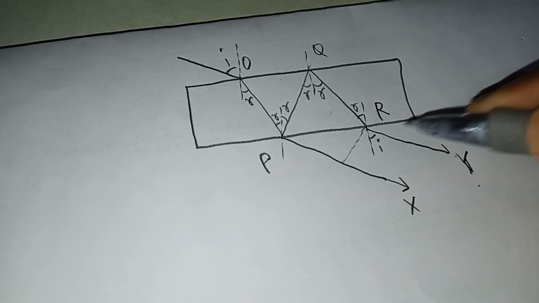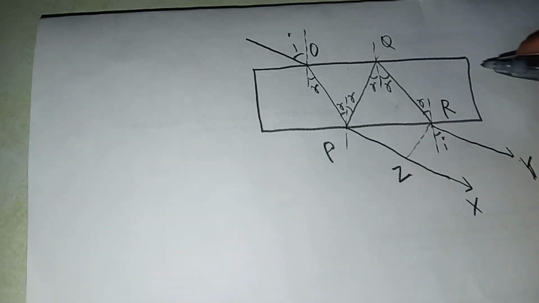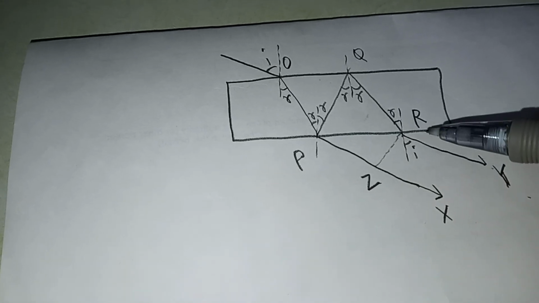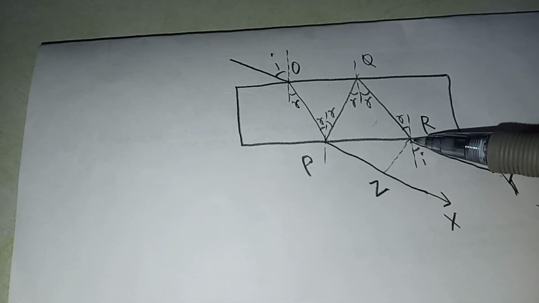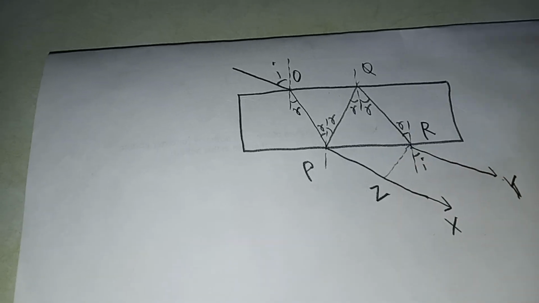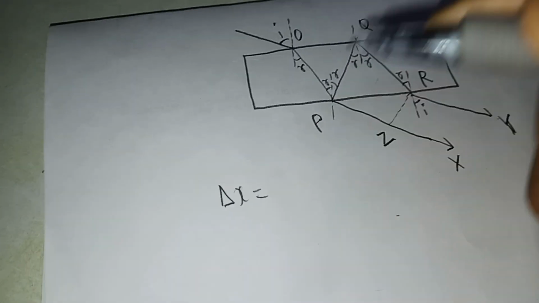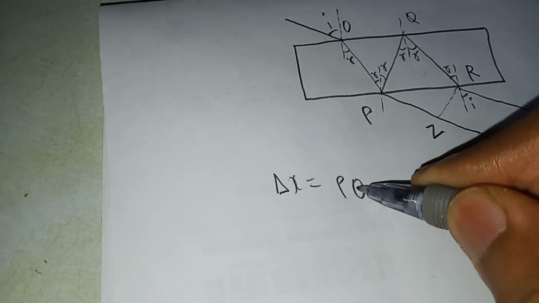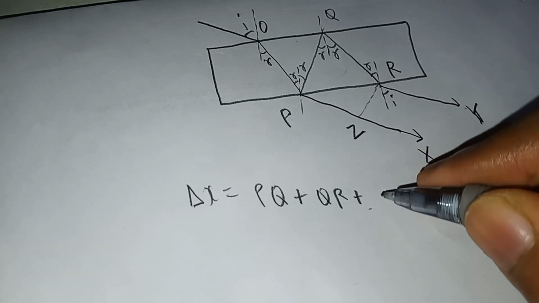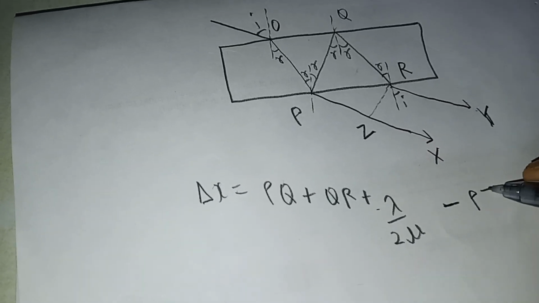So the perpendicular from R on PX would be say at Z. Now we need to find the path difference between the rays that are emerging from R and emerging from P. So here the path difference is clearly delta x equal to PQ plus QR plus lambda by 2 mu minus PZ.